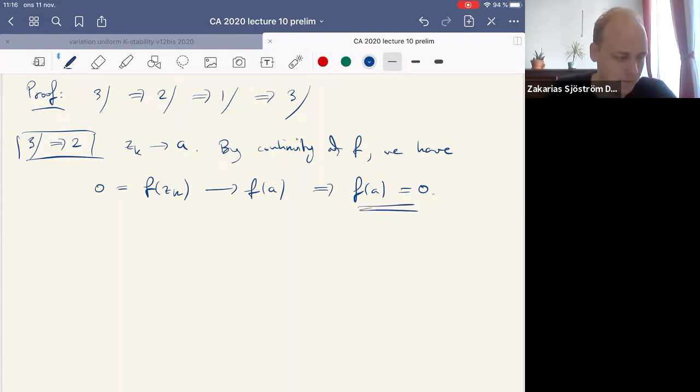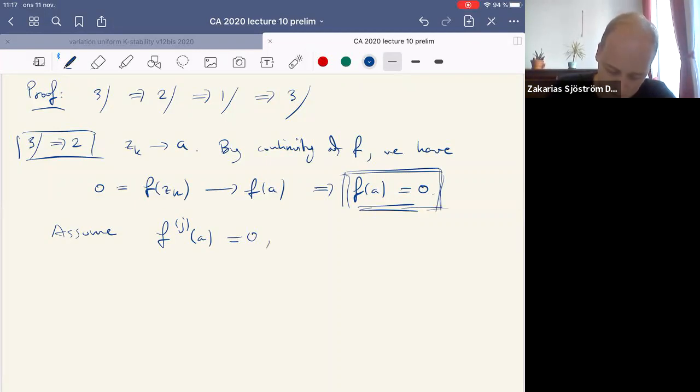So this is the first thing. And then we want to show that all of these derivatives here are 0. So we assume that they are 0 up to a certain point, because now we verified it here for the function value, right? So for j equals 0. And now we assume that this is true up to n minus 1.